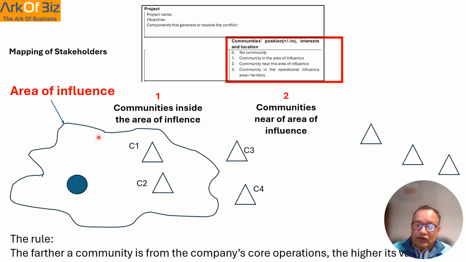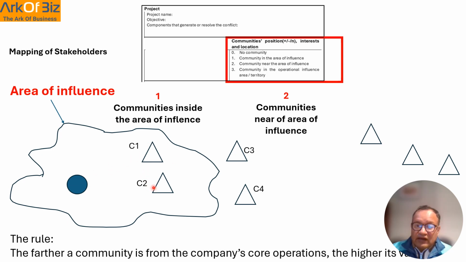So once the company identifies the area of influence, that could be a large or a small area, the result is that some communities are directly located inside the area of influence. For example, here we have C1 and C2. What happened? Usually, the company works with these communities on social projects that benefit the community members.